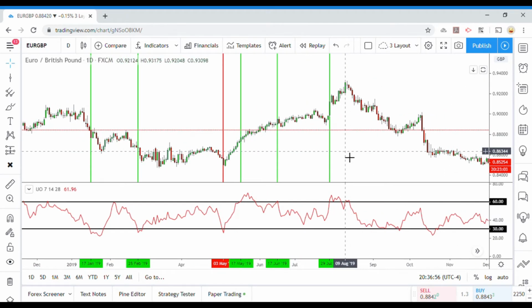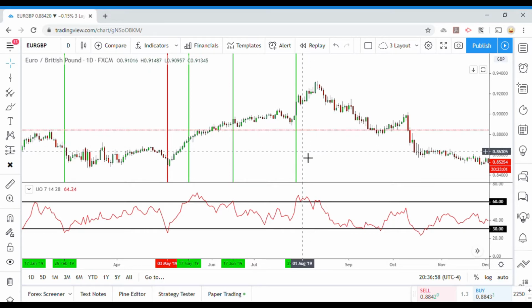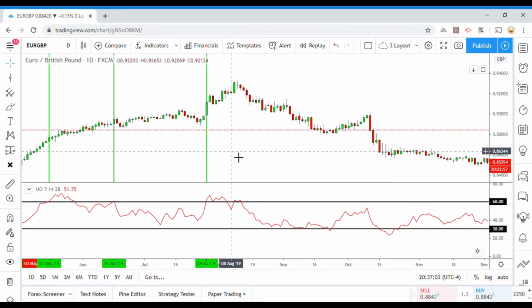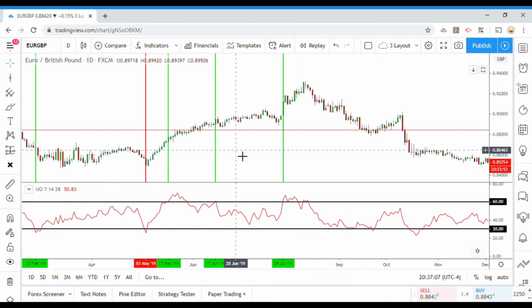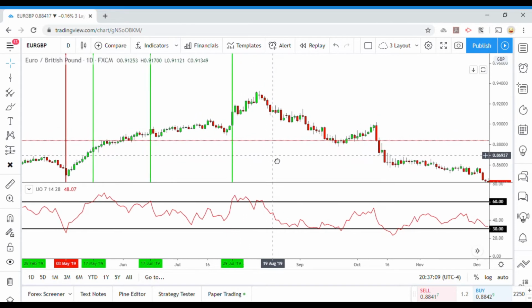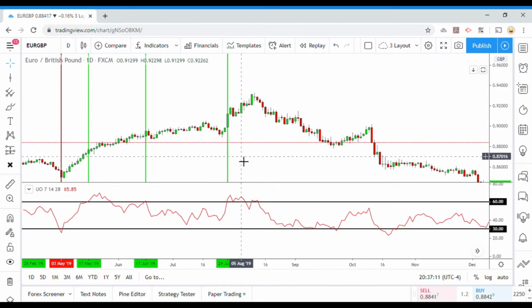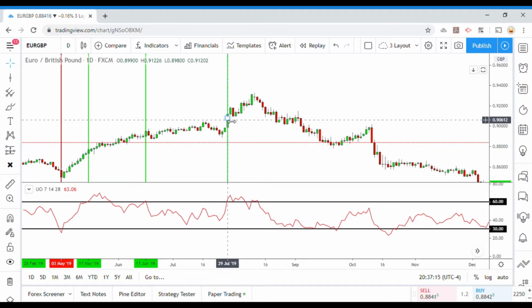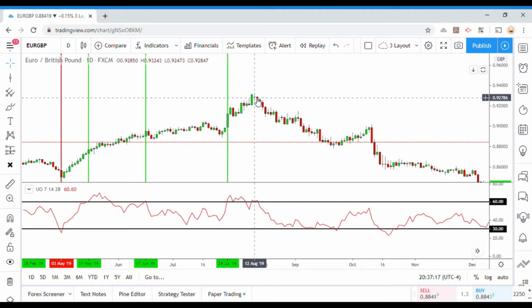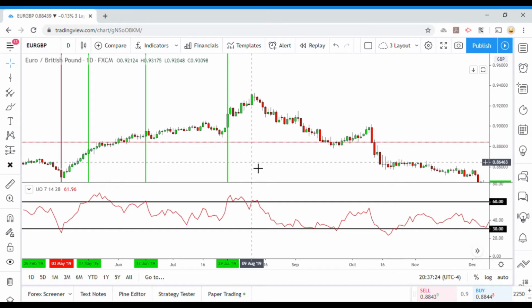So you can kind of see here, this is the process that I follow. Right here is a good example of something that you'll run into. If I took the trade here, it's very likely that I still would have been in the trade when this signal right here took place.